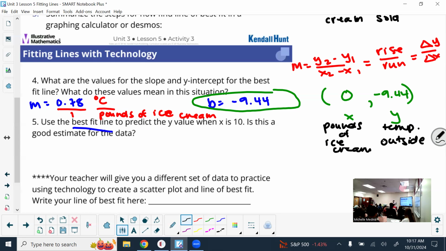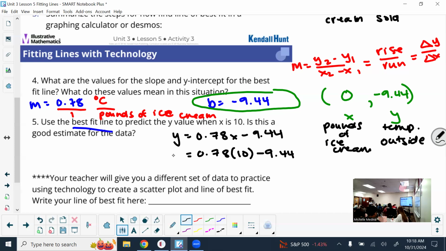All right. Now it says use the best fit line to predict the y value when x is 10. So linear models, we use them to predict other stuff. This was the one we got from technology, so we're going to use that one. It's technically more accurate than the one we estimated. What do they want us to plug in? 10. And where do they want us to plug it in? The x. And then now that there's only one variable, which is y, then you should be able to get a value for it.